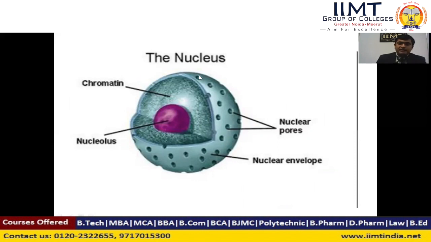The outermost portion of the nucleus is covered by the nuclear envelope, but the nucleolus is a cluster of protein, DNA, and RNA, and its outermost layer is not covered by any membrane, right?